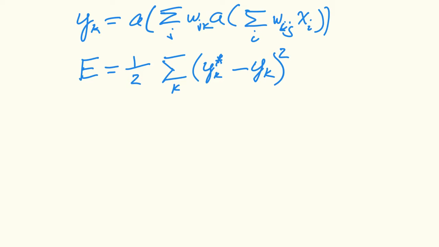All right. So we've got our error function then, and our goal is going to be to minimize this thing, right? So how do we do that?